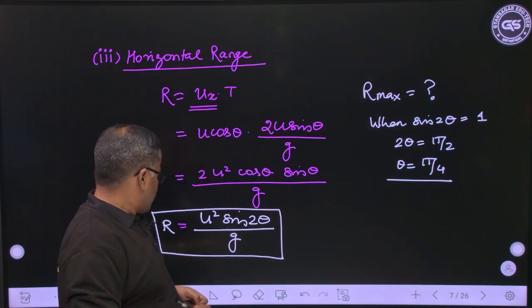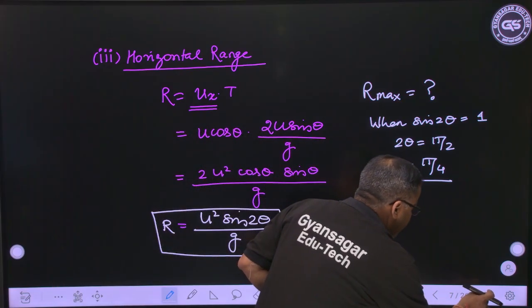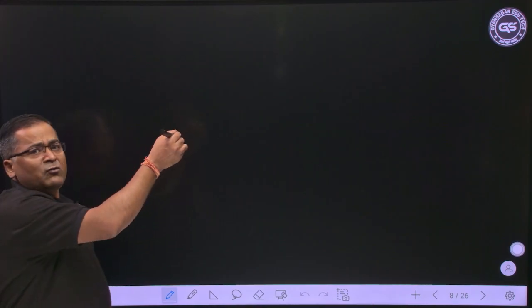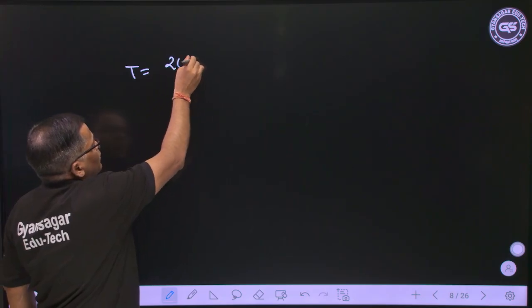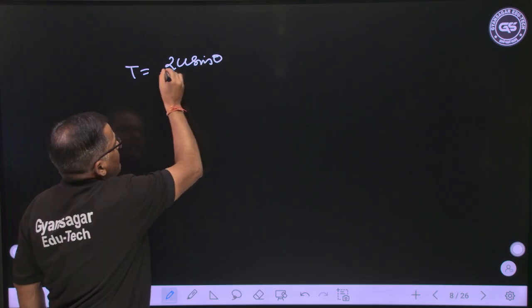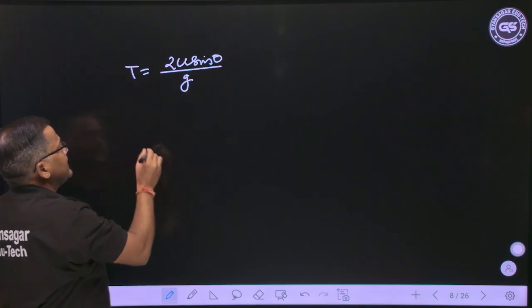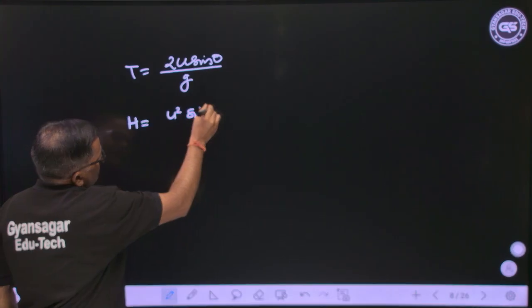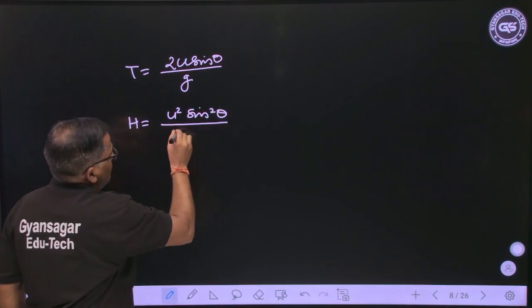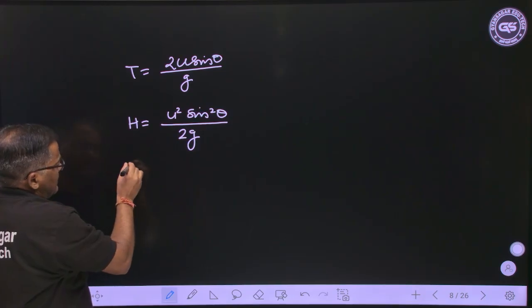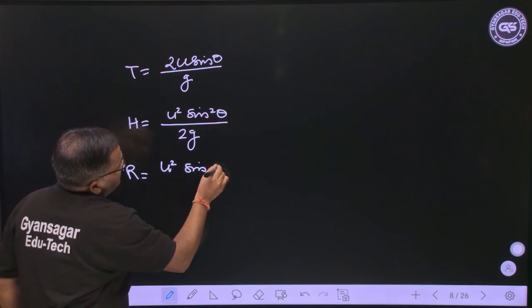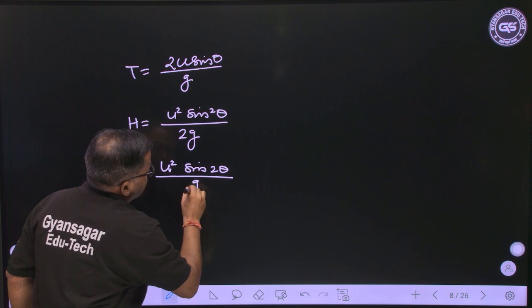Now, next thing, here we have found that T equal to 2u sin theta by g, h equal to u square sin square theta by 2g, and r equal to u square sin 2 theta by g.